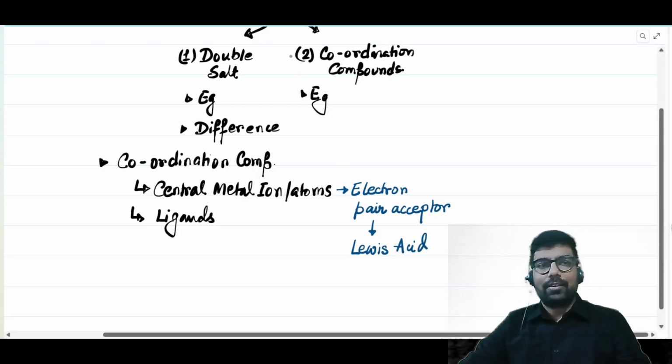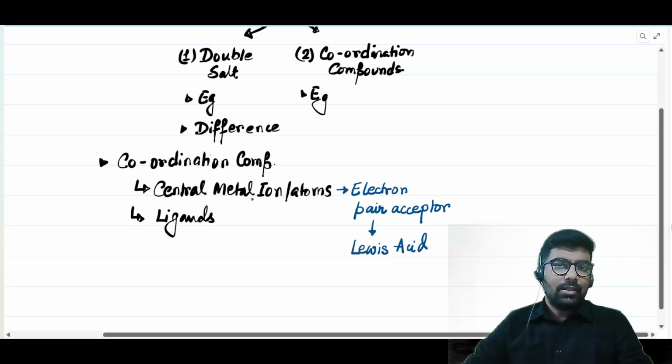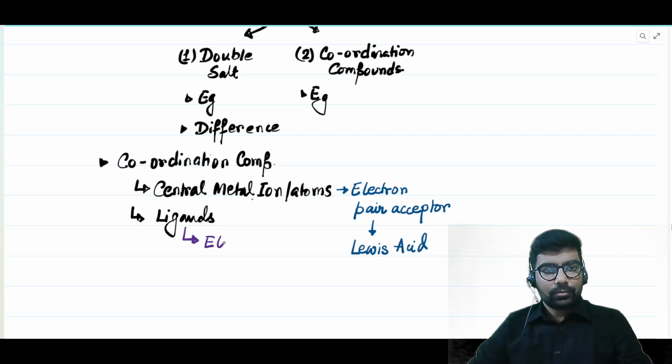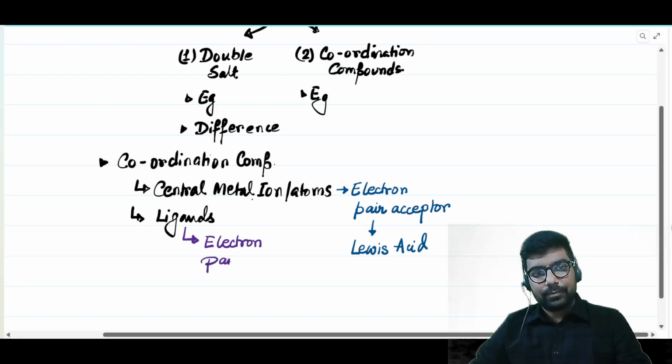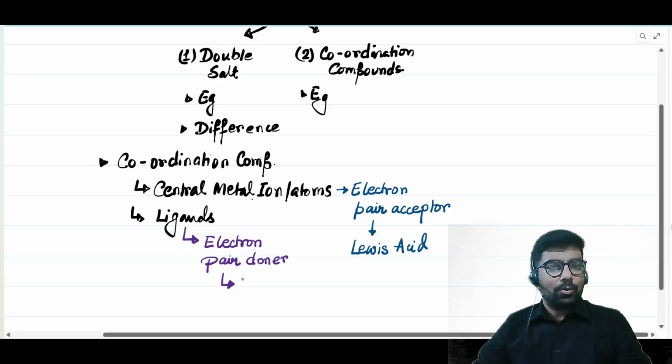And secondly, we discussed how ligands are nothing else but electron pair donors. So ligands are electron pair donors, and therefore a ligand is a Lewis base.